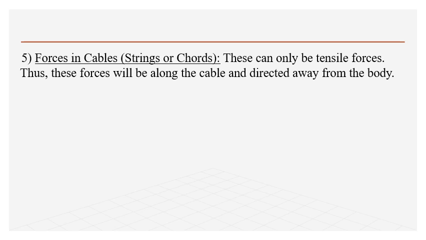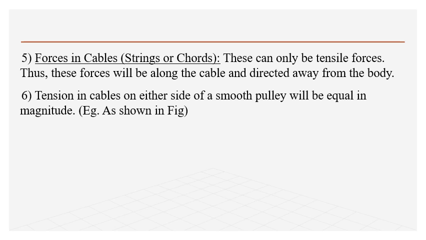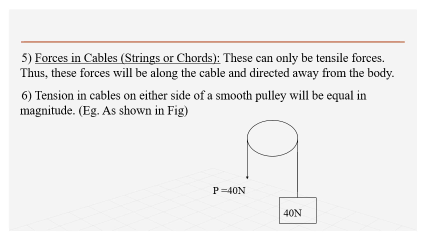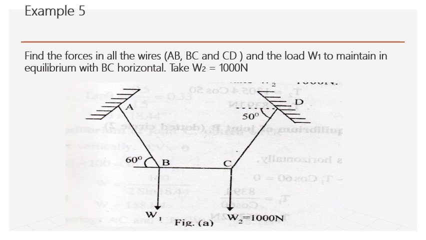That means in the free body diagram, you have to show those forces as acting away from the body. And the tension in the cable on either side of a smooth pulley will be equal in magnitude. You can see, if on one side of the pulley the block is suspended, the other side also the force will be 40 Newton.